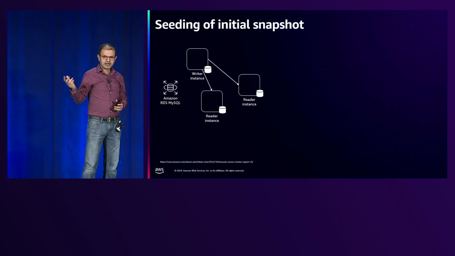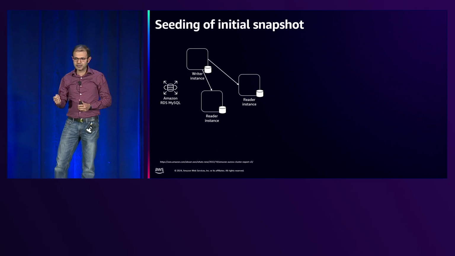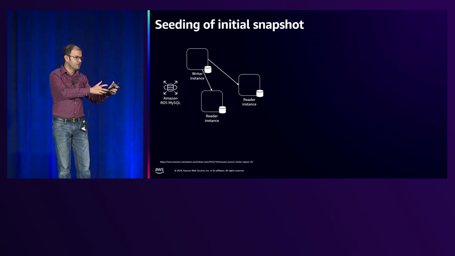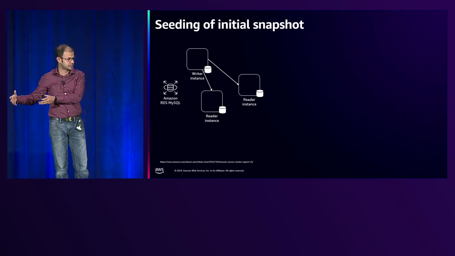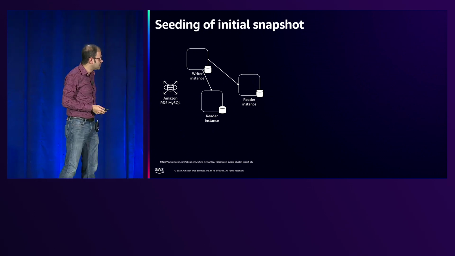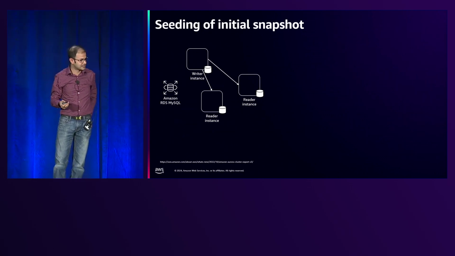One of the aspects that we covered was this concept of seeding: when you set up a zero-ETL integration, you want your data to be moved from your operational database into your analytics optimized storage. Here we have RDS MySQL, a typical setup where you have writer instances and reader instances.